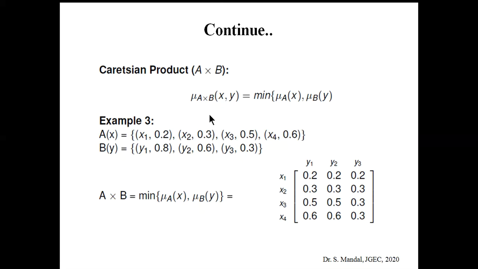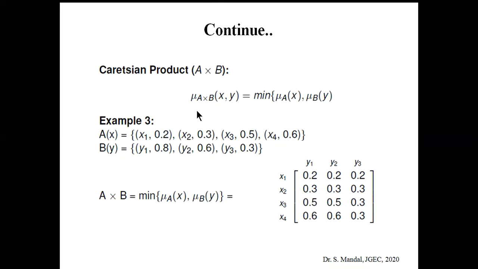So here mu A cross B, the Cartesian product between A and B, at (x, y), means there are two sets. Consider two fuzzy sets A and B, where the elements of B are y1, y2, y3, and the elements of A are x1, x2, x3, and x4.